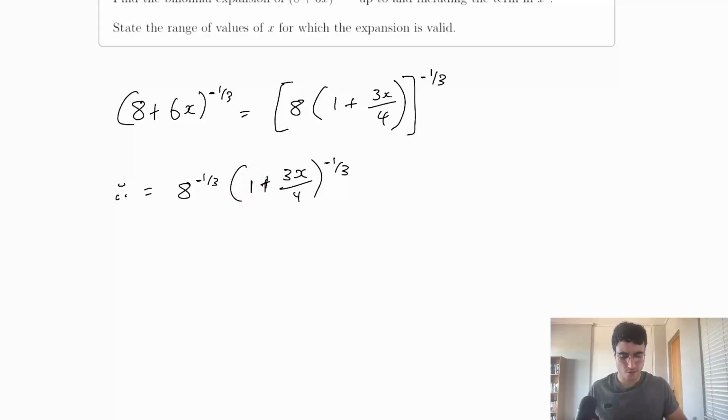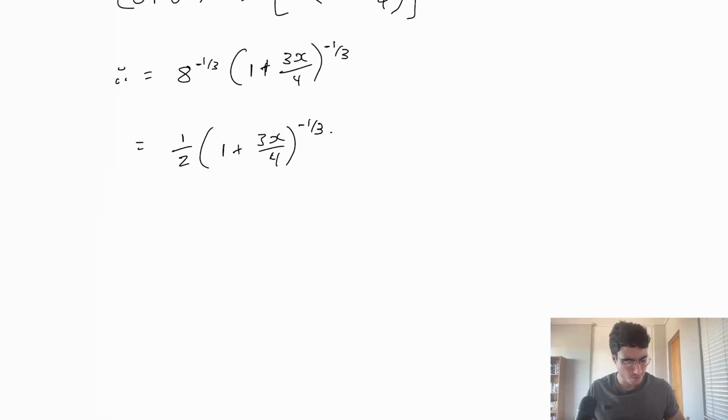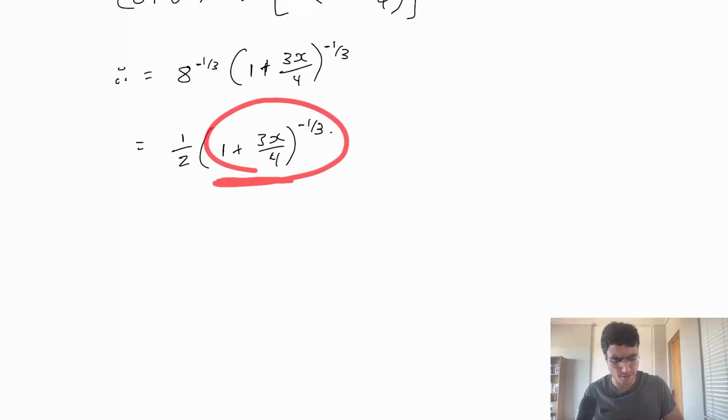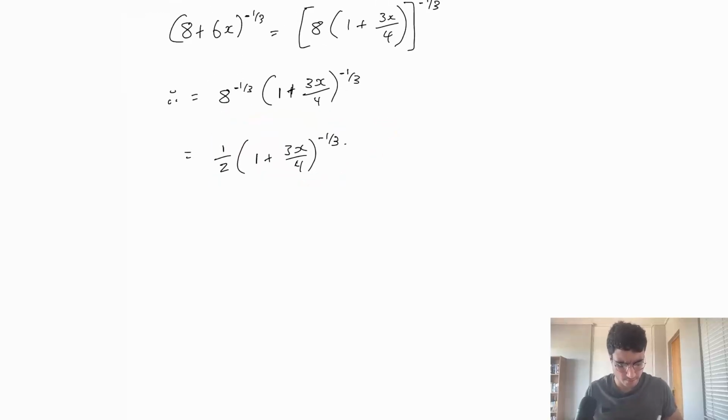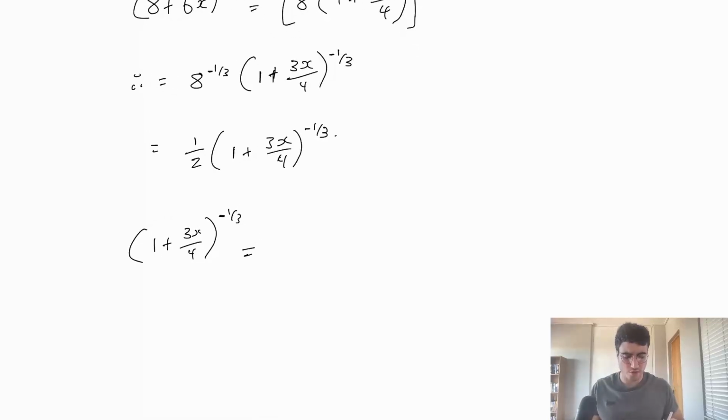So if we do that now, we simply get a half, and we get 1 plus 3x over 4 to the power negative a third, which is great. But now the question becomes, how do we expand this?